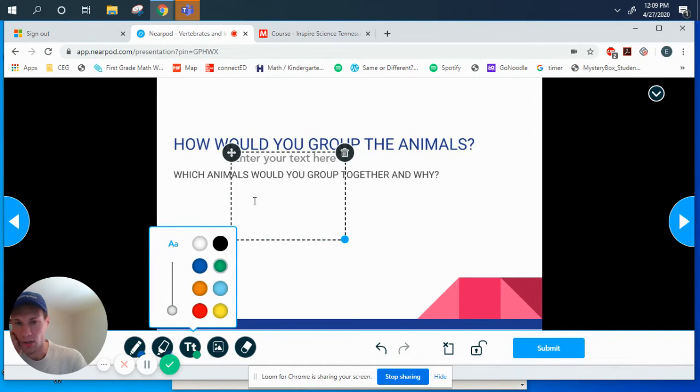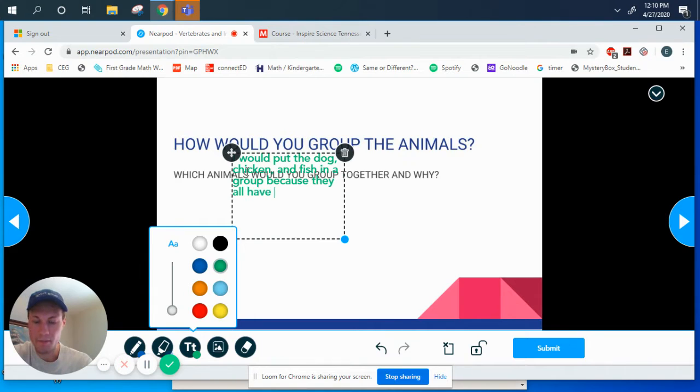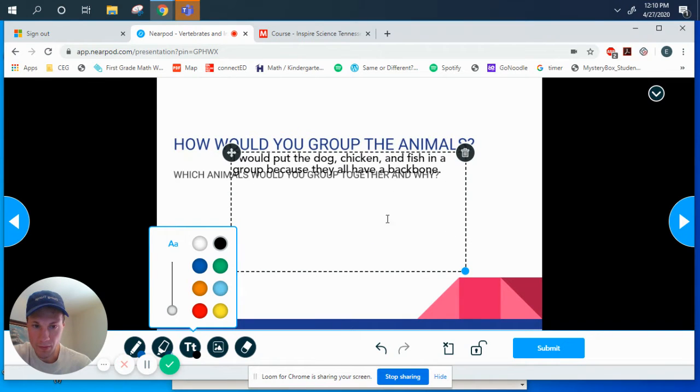I'm going to put a text box right here. I would put the dog, chicken, and fish in a group because they all have a backbone. And then I'm going to put a different color for the next one. Or maybe I have to do the same color for all of them.